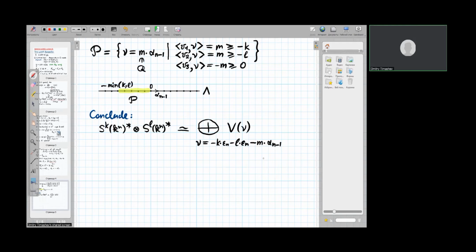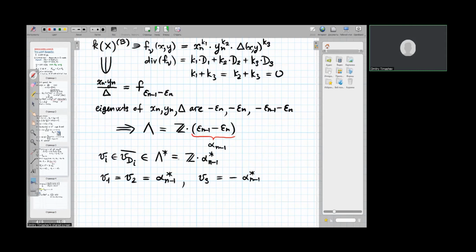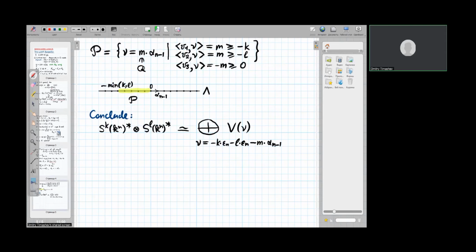Yeah. This is a lattice point, so m is now an integer. This is a lattice point in this polyhedron. And if you recall what alpha n minus 1 is, it is this difference. Then we get what we get.